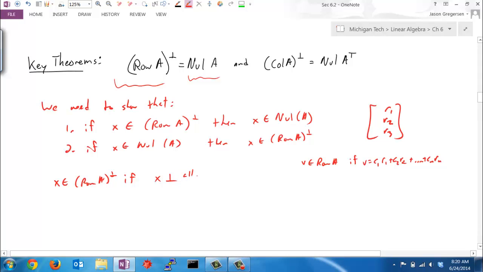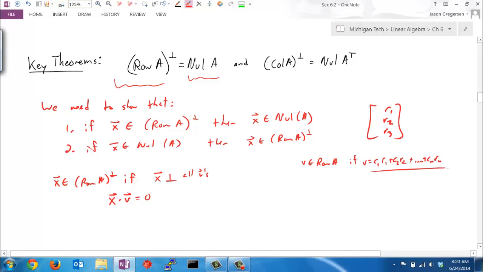Perpendicular to all of the V's, we'll say. What does it mean for those to be perpendicular? It means that X dot V, these should all be vectors here, X dot V should be equal to 0, not the 0 vector, but 0.